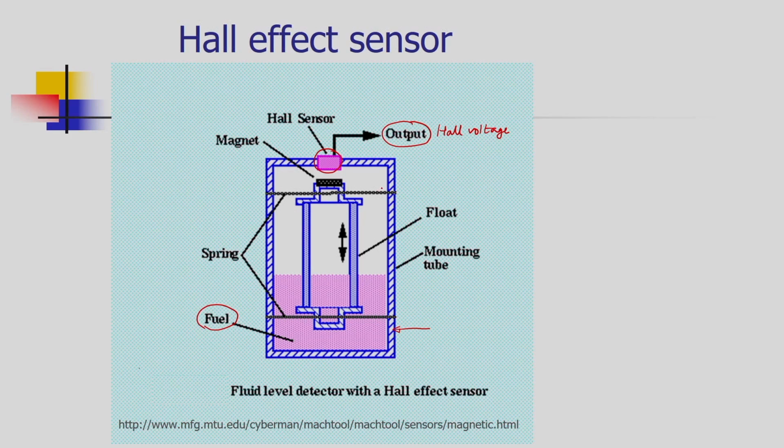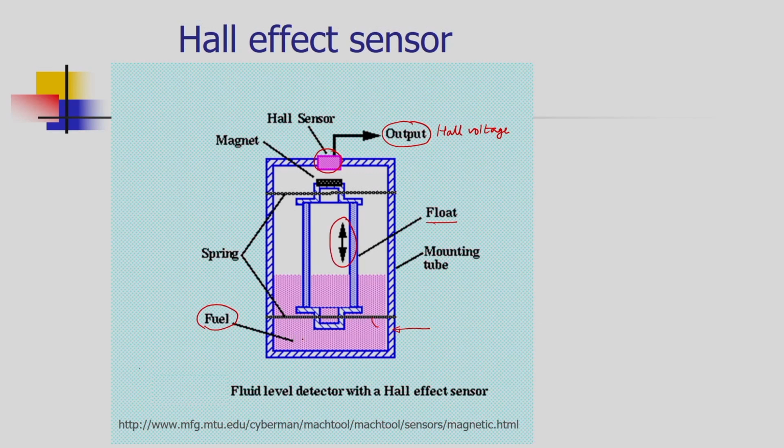Inside the container we have two springs and these two springs are holding a float. On the top of the float a magnet is attached, and as the fuel level inside the container changes, the float also changes its position.